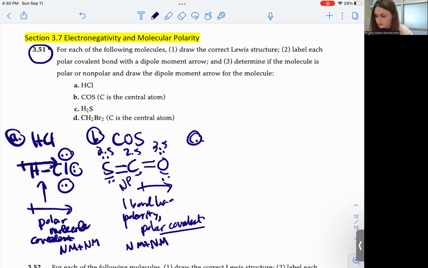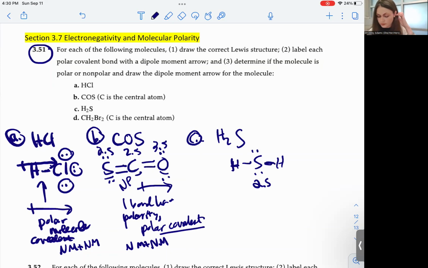All right. So we're going to have sulfur in the middle. It's going to be bound to hydrogen this way. So we know sulfur's electronegativity is 2.5, and we have a much lower electronegativity for hydrogen.